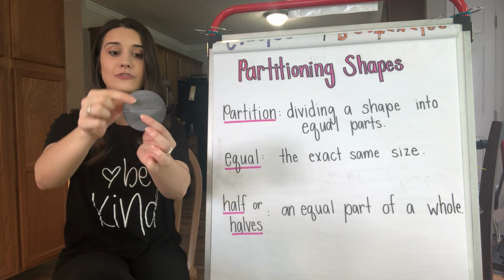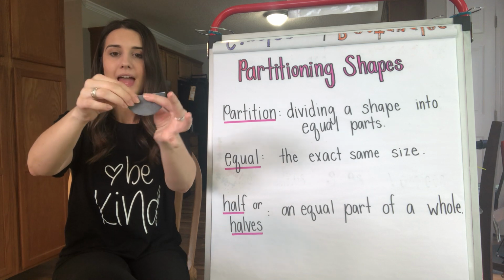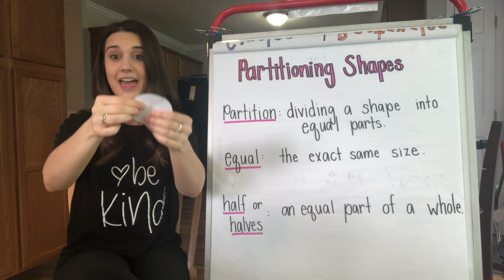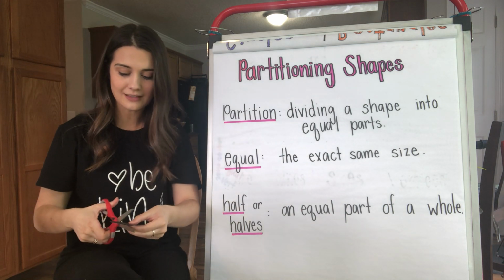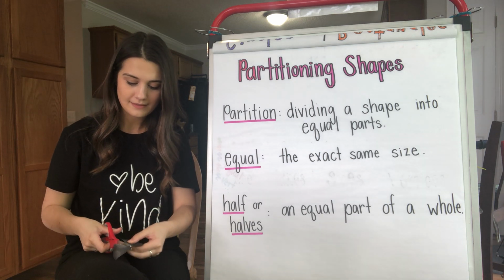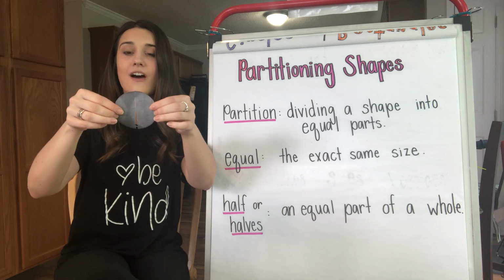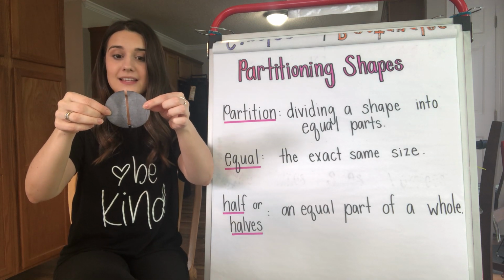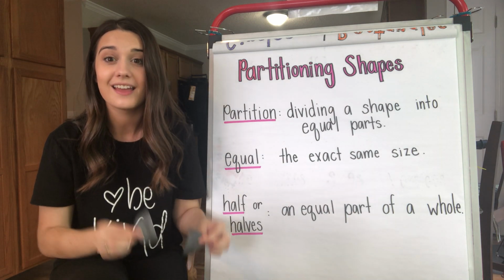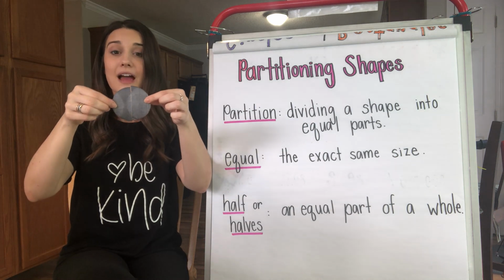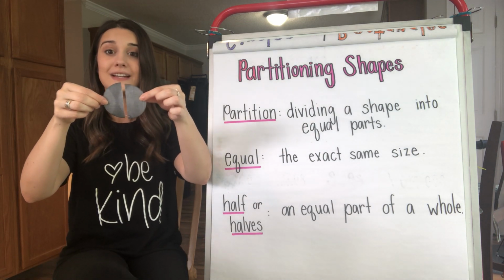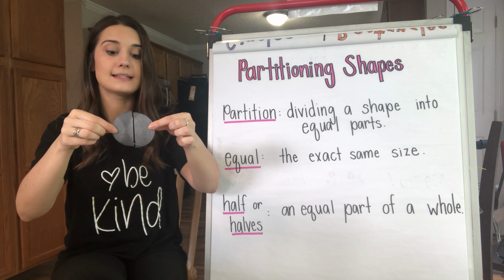I'm thinking we could fold the circle, and if we fold the circle and then cut down the line we made, then I will have two pieces that are the exact same size. If they're the exact same size, what are they? They are equal. So I have two pieces of my circle that are equal. They're the exact same size.